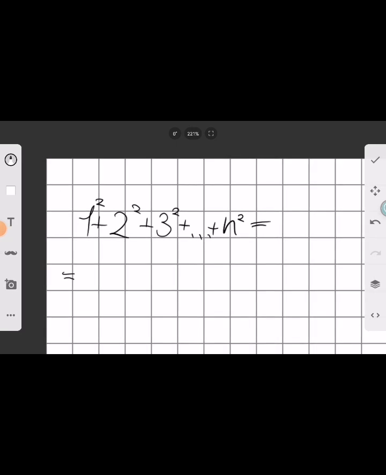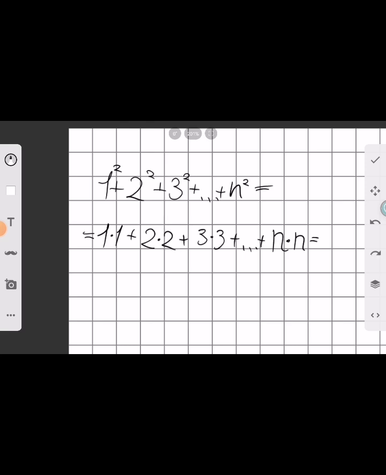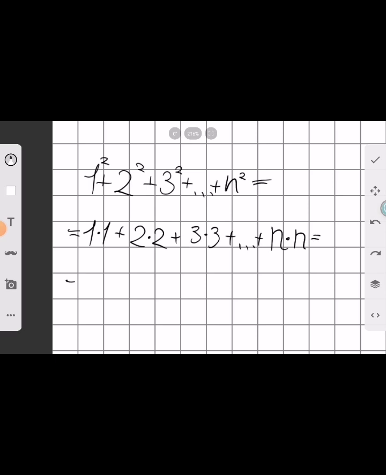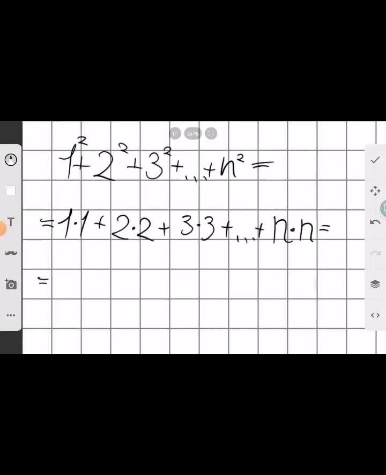A square is a number multiplied by itself: 1 times 1, 2 times 2, 3 times 3, and so on to the very end. But what is multiplication? Multiplication is basically an iterated summation.